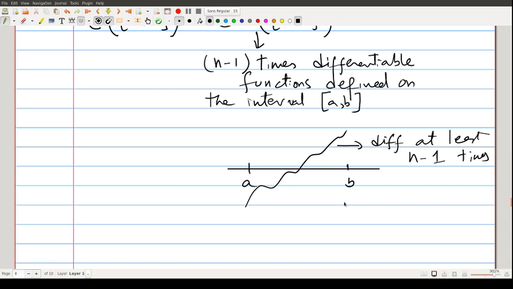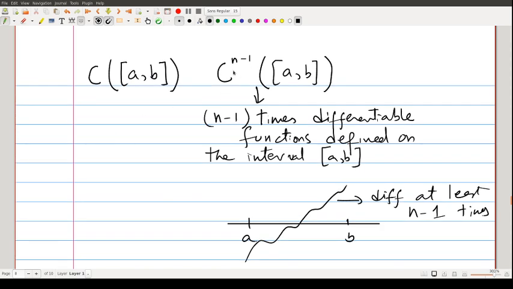Right? So if you differentiate it, you will get another function and it should be differentiable. So vectors in this space are differentiable n minus 1 times.